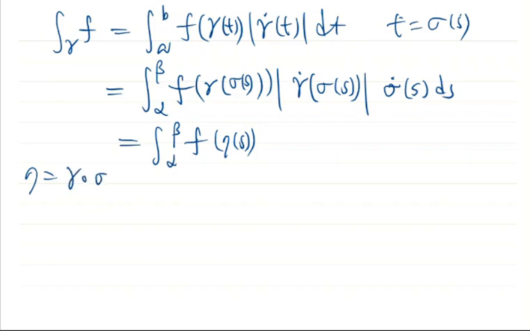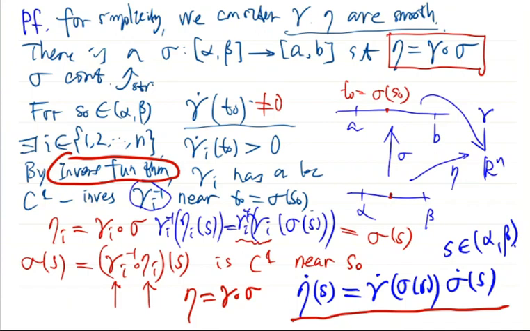Therefore gamma of sigma s is eta of s, and the norm of sigma dot times gamma dot, using the equality at the last line of the previous page: the derivative of gamma multiplied by the derivative of sigma is the derivative of eta.